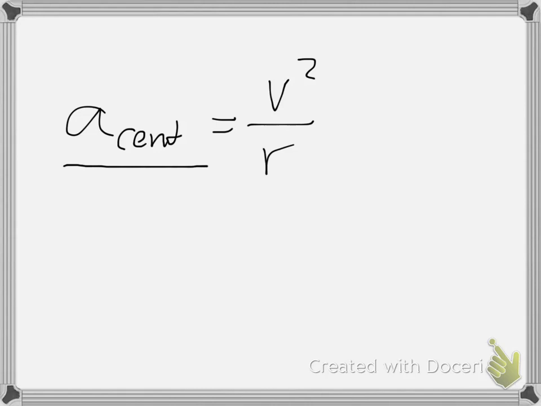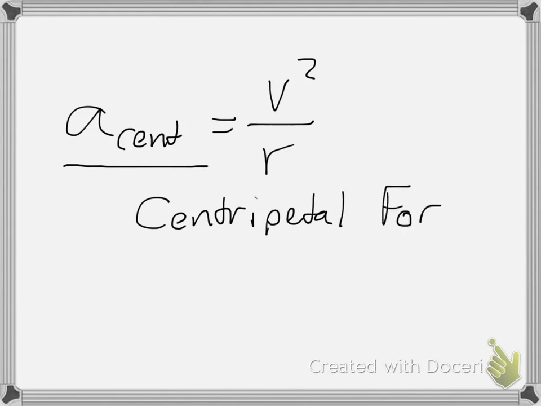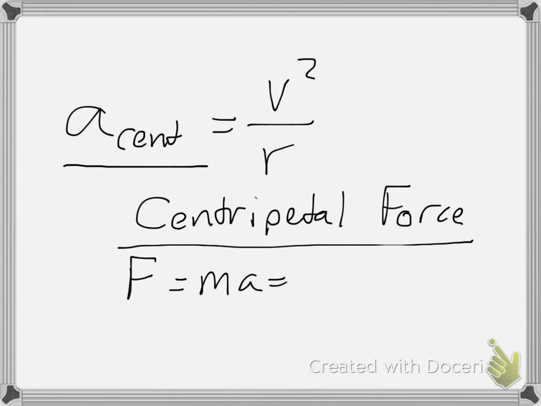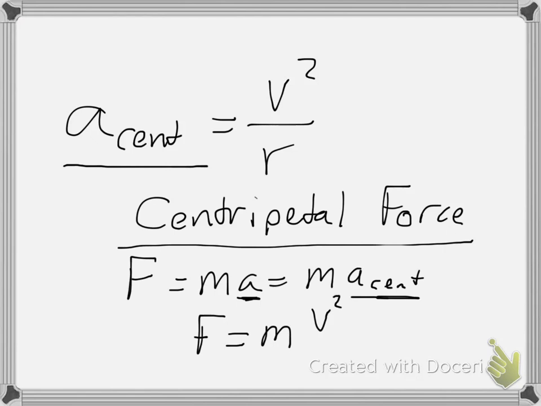acceleration, we can now define the idea of centripetal force, because remember, force is F equals ma. So we just replace this generic acceleration with the specific centripetal acceleration. And so F is going to be equal to the mass of the object experiencing the force times the centripetal acceleration it's experiencing, which is v squared over r.